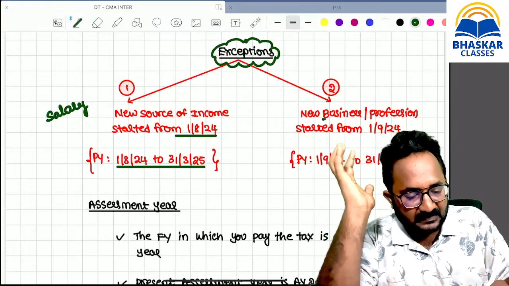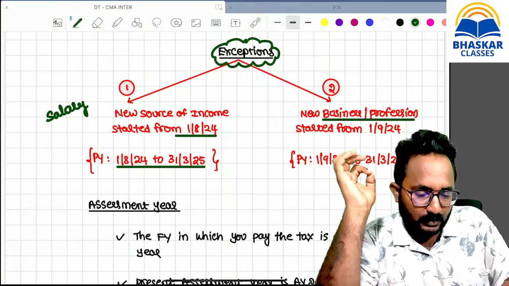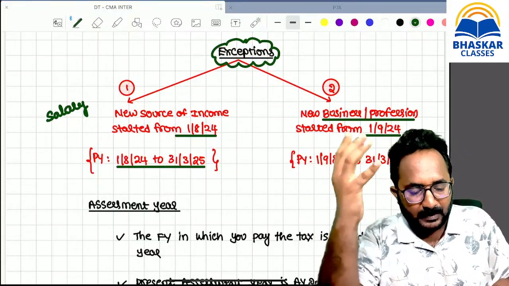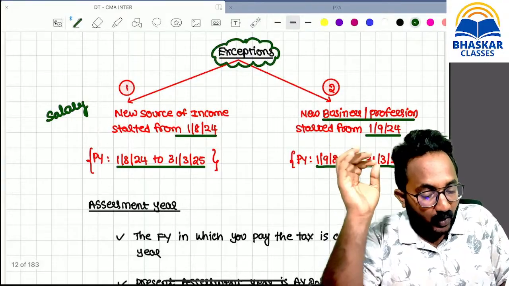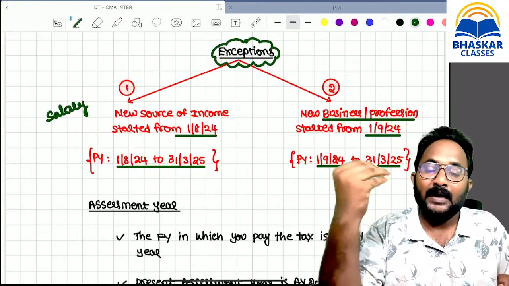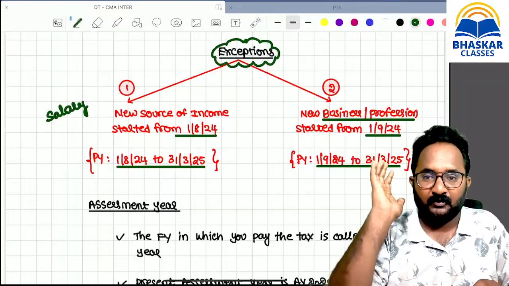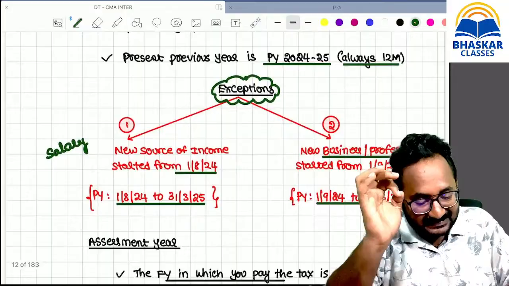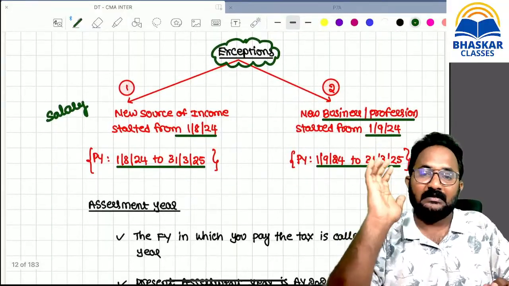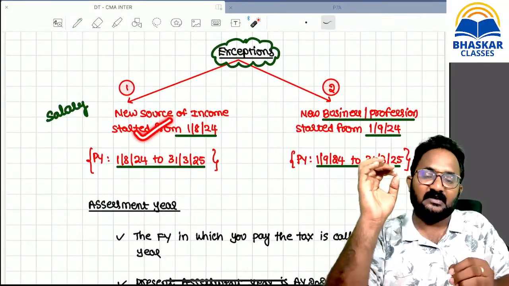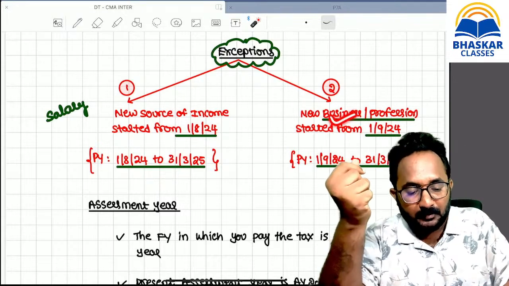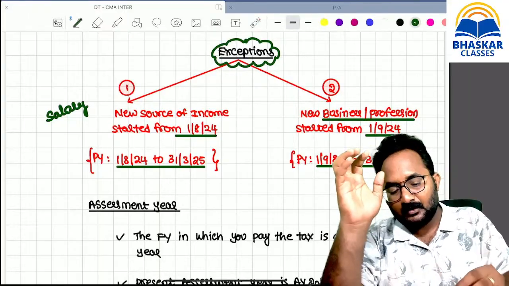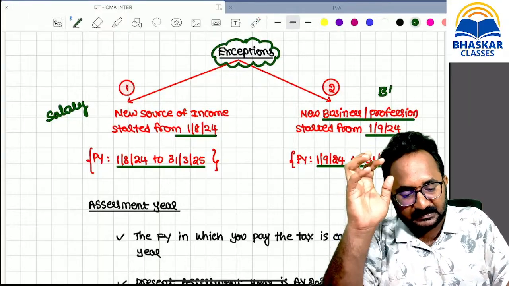Or if a new business or profession is started on 1/9/2024, the previous year runs from 1/9/2024 to 31st March 2025. Generally it is always 12 months, but in these two cases, where a new source of income or a new business or profession starts in the middle of the year, we have less than 12 months.